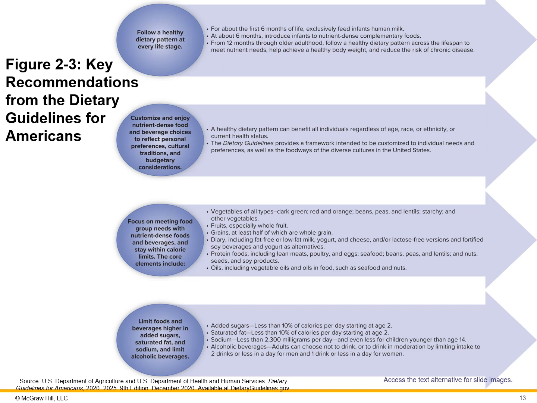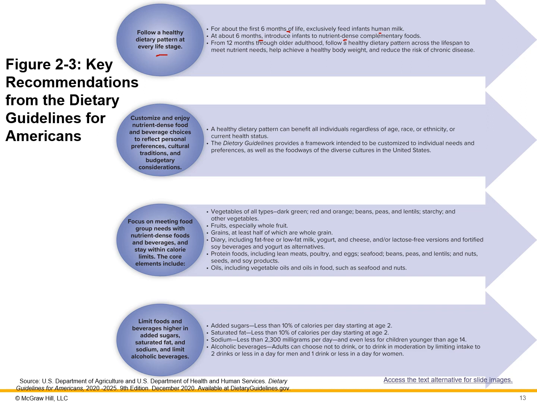All right, so some of those key recommendations, and I know this is pretty small. First, follow a healthy dietary pattern at every life stage. For about the first 6 months, infants are of course exclusively fed human milk. Then at about 6 months is when they start introducing nutrient dense complementary foods, like oatmeal, rice, that type of thing.